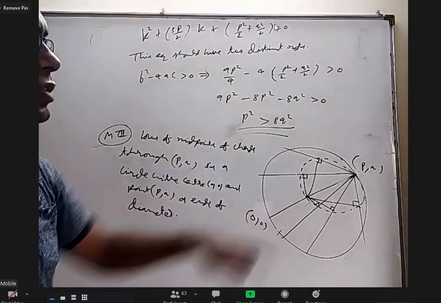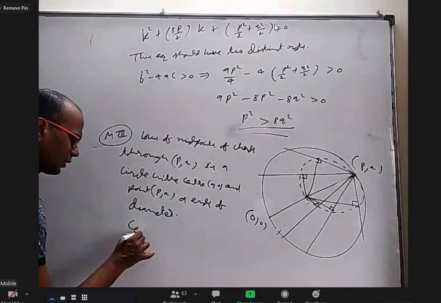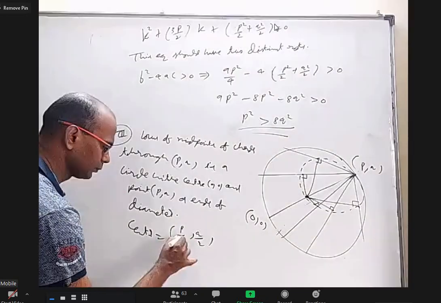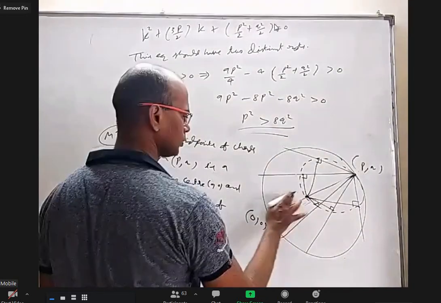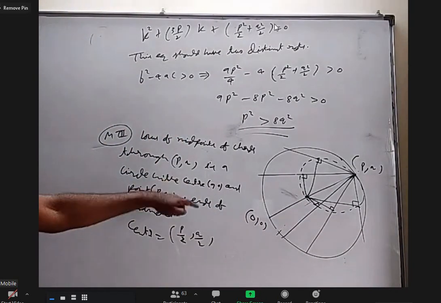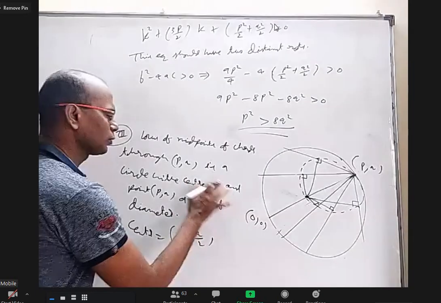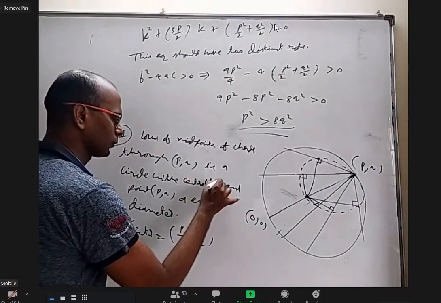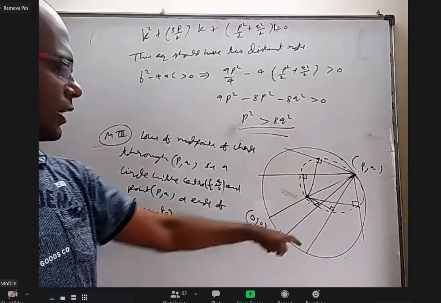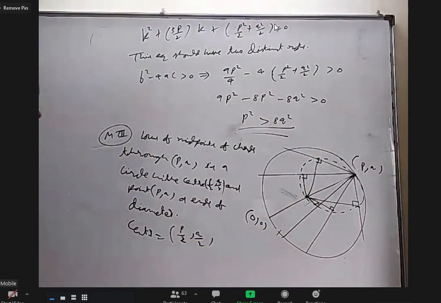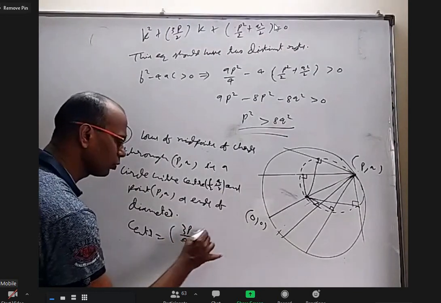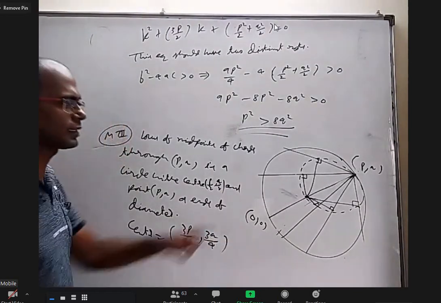So for this new circle, what will be the center? 0 comma 0 is not the center, right? What is the center? Center is P by 2 comma Q by 2. The midpoint of these two is the center, with that one and P comma Q as ends of diameter. So the center will be actually 3P by 4 and 3Q by 4, the center of the required circle.